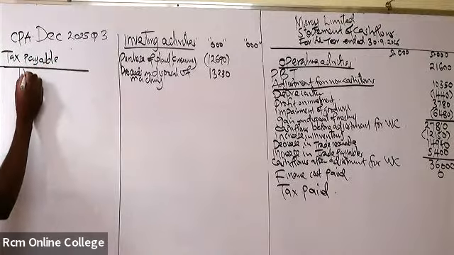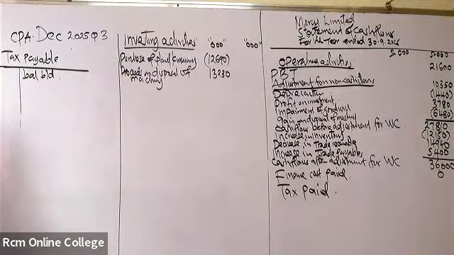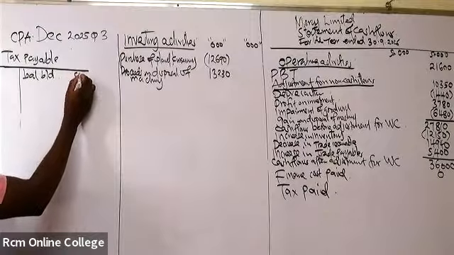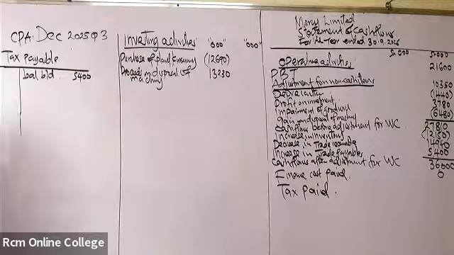Balance brought down, we are getting it from 2024. The closing balance of taxation under current liabilities, I can see 5,400, right? Then balance carried down, at the end of the year, I can see 7,380.